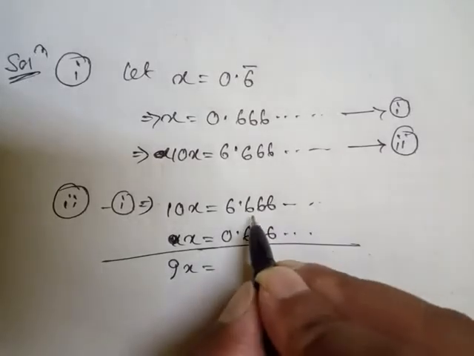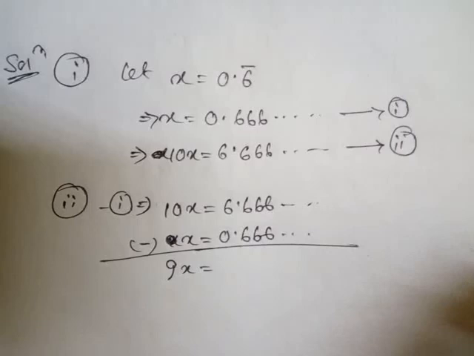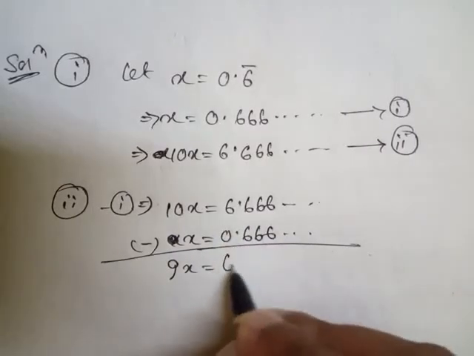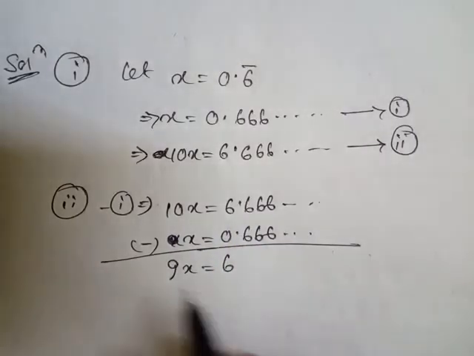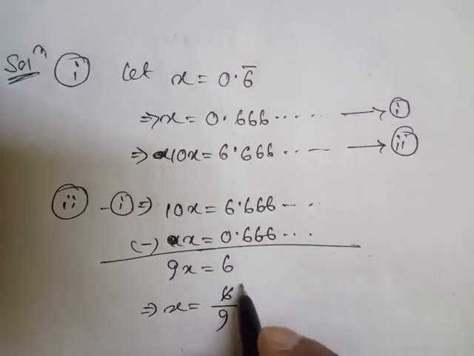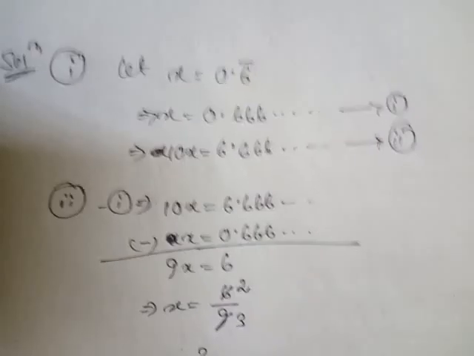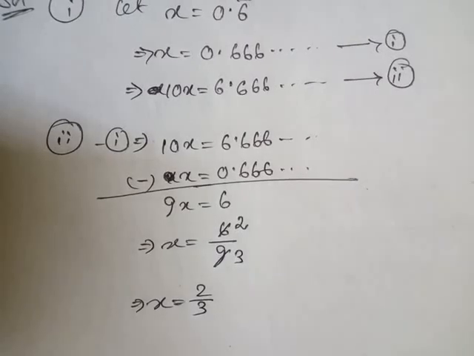Now look, this part and this part cancel, because when I subtract, 6 minus 0 is 6 and the decimal part is removed, so the remaining part is x equals 6 by 9. Now 3 twos are 6 and 3 threes are 9, so x equals 2 by 3. This is the answer of the question.